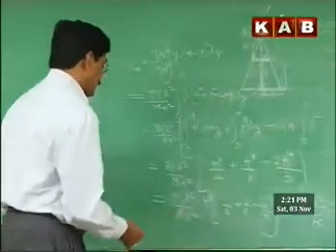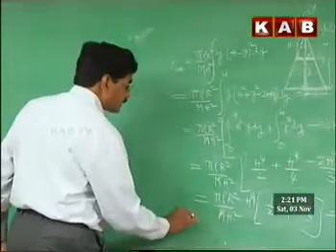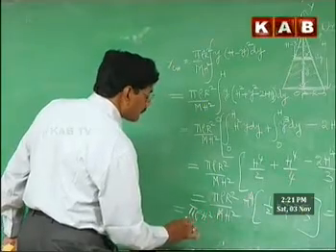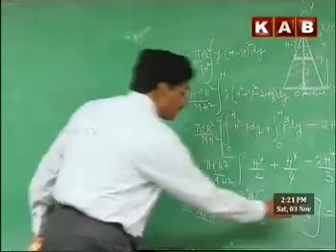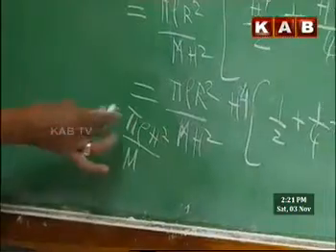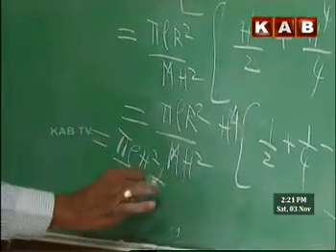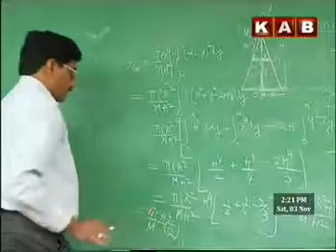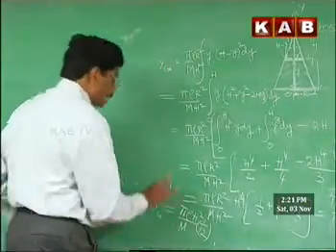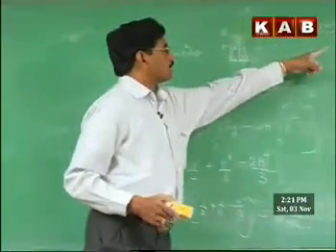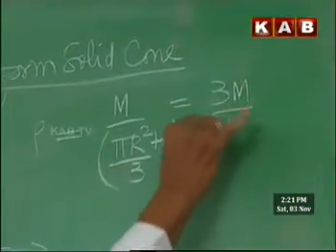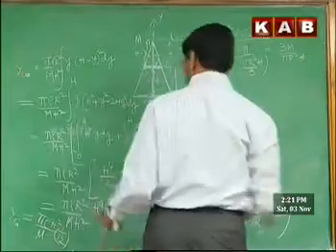1 by 12, I can substitute, therefore I will get the answer as pi rho r square h square by m into 1 by 12. So, that is what I will be getting as YCM. But rho is 3m by pi r square h. I will substitute here.